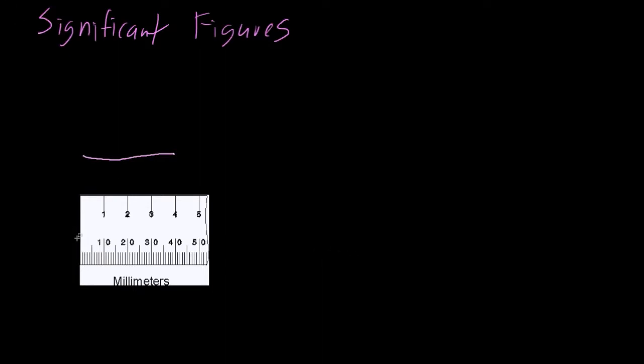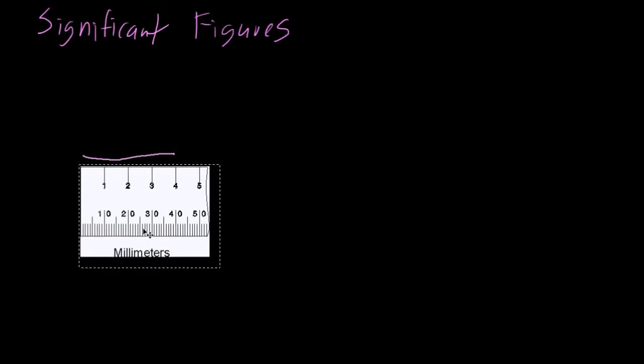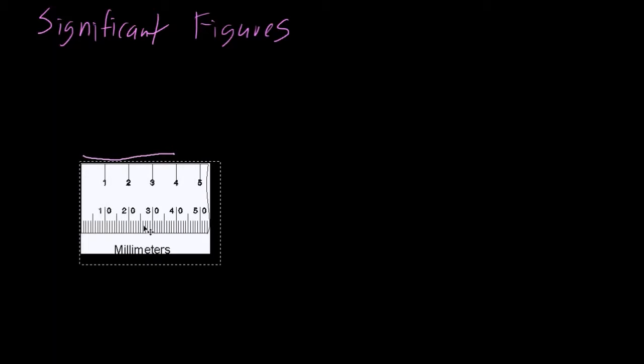Okay, so let me grab this as close as I can. Here we go. And now we want to measure this. Well, really close. Okay, this looks like it's about 4 centimeters, but a little bit less than 4.